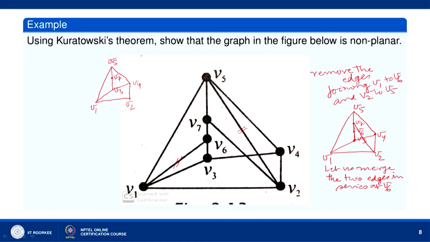So, we have this graph. Okay. When we merge the two edges which are in series at B6, we arrive at this graph. B1, B2, B4, B5, B7, B1, B3, and this one. Okay. And so, what we notice is that now this can be redrawn. Let us redraw this graph.